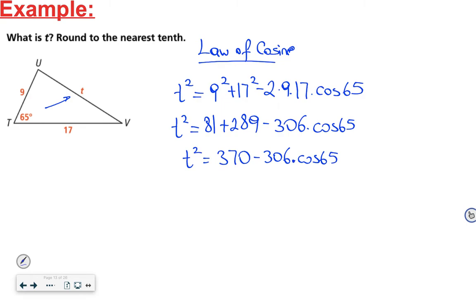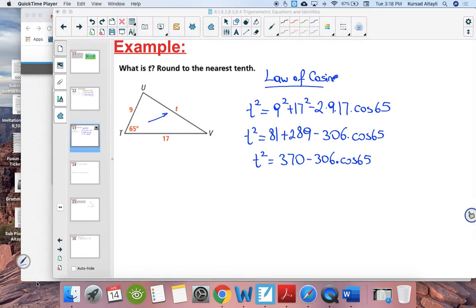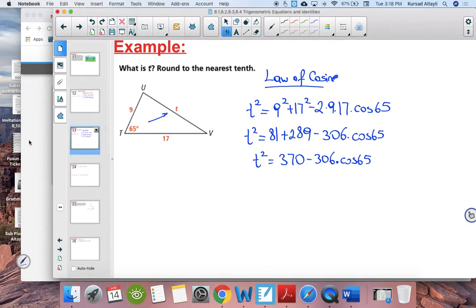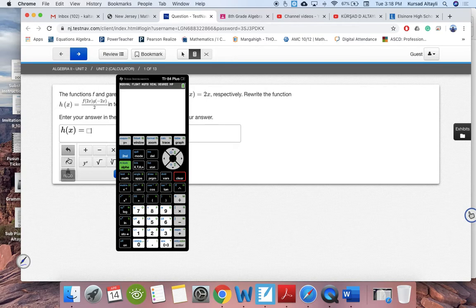So what we are going to do is substitute all these numbers into the graphing calculator, and then we are going to find the correct answer. Let me teach you how to use the graphing calculator. This is our calculator. T squared was equal to 370.